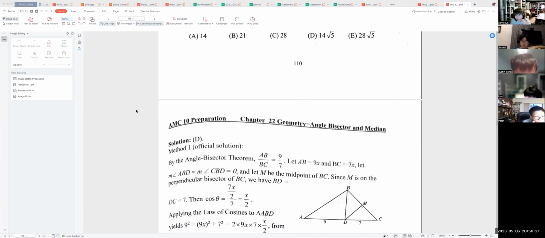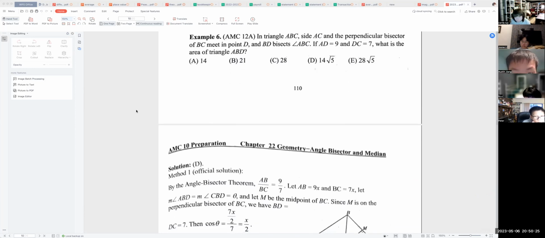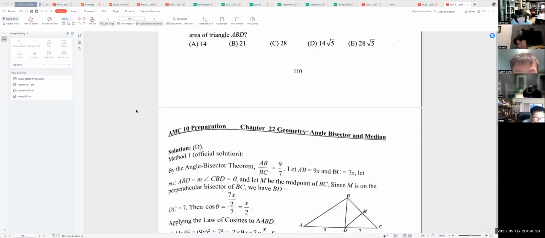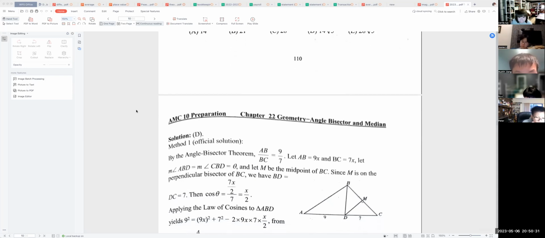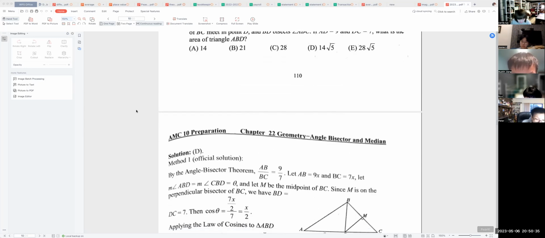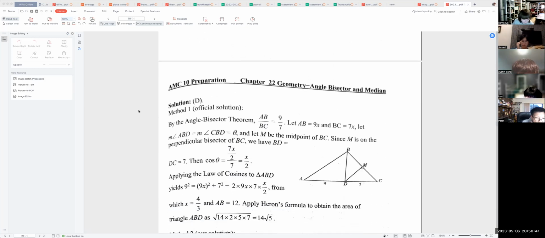It has a diagram that will help you see a lot. So let's take a look at question number 6. I'm going to put the number there to help you, okay?